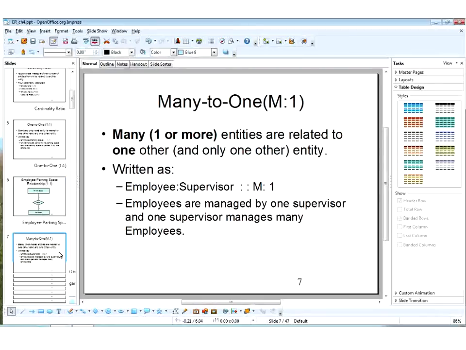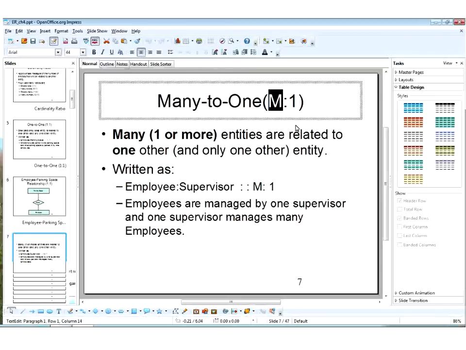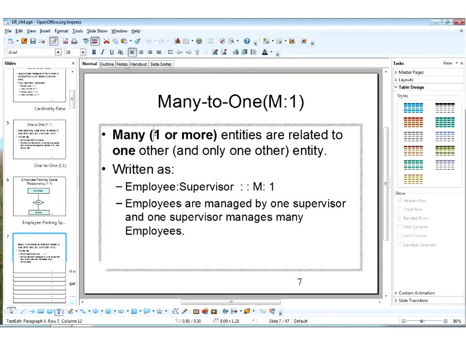Many to 1. Well, guess what? Surprise, surprise. 1 or more to only 1. Okay? 1 or more related to one other entity. Written as, let's say, employee supervisor, M to 1. So you have many employees to one supervisor, which makes sense because, you know, that's the whole point of a hierarchy.